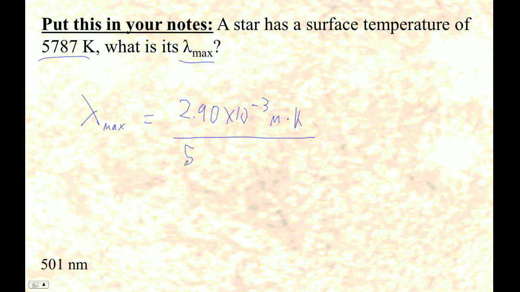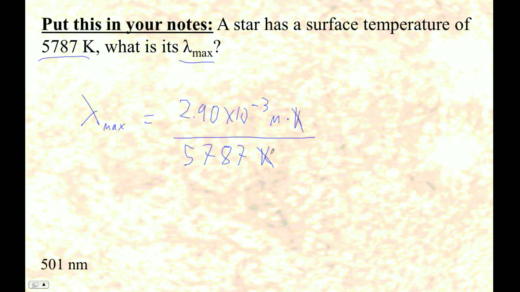You've got this in your notes. A star has a surface temperature of 5,787 kelvins. What's the peak of its black body curve? So lambda max is 2.90 times 10 to the minus third meter kelvins, divided by 5,787 kelvins, and of course kelvins goes the way of the bison.